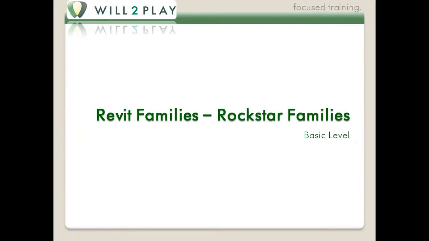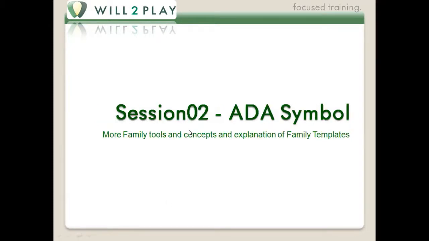Revit families. We're talking about the Rockstar Family series, class, training session on families. This is a basic level still. This is number 2 of 4 for the basic level. Again, this is number 2, ADA symbology. All right, this is going to talk about the difference between model families and annotation families.